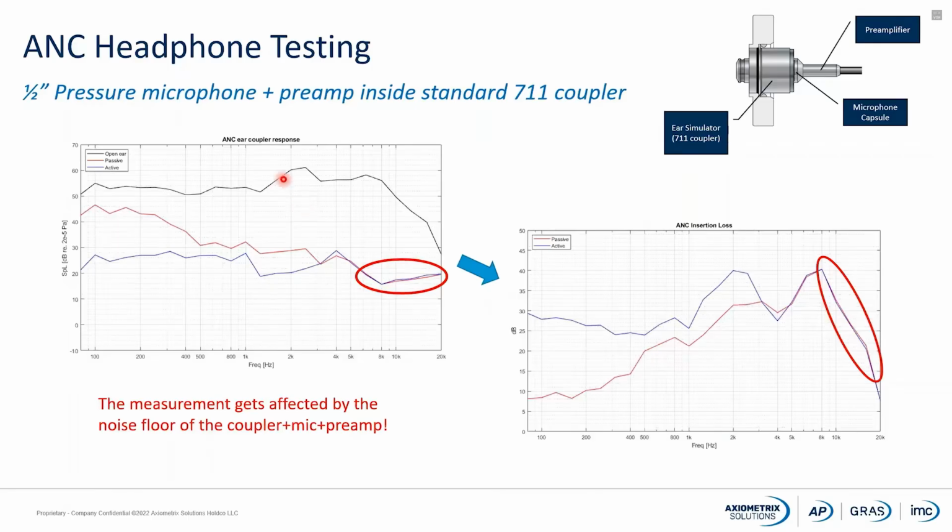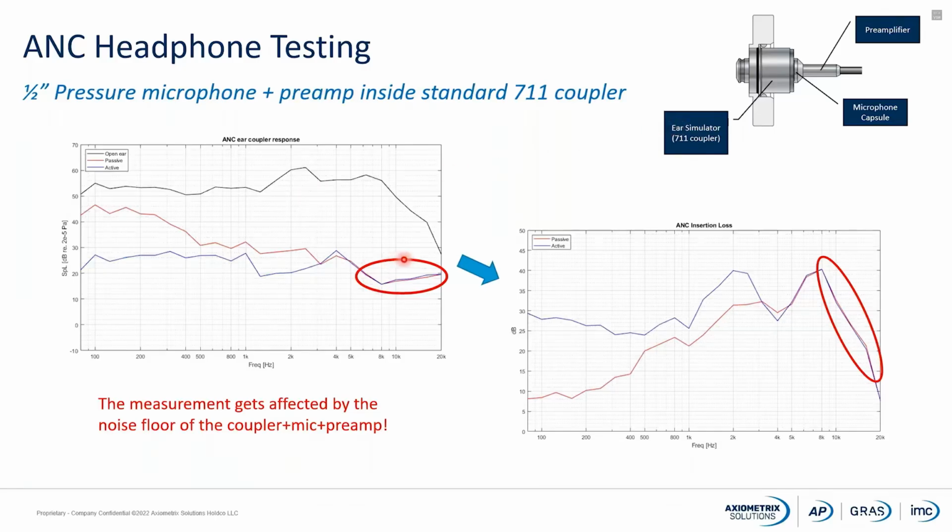Now, let's look at this ANC measurement following the insertion loss steps that we saw before. In this case, we're using a 1/2-inch pressure microphone with a preamplifier that is mounted inside a 711 coupler, just like we see up here on the top right.